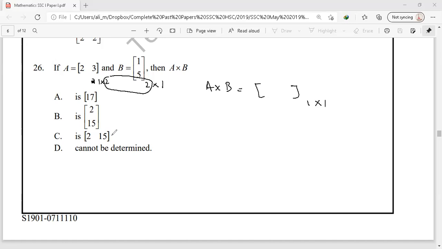In the given options, this is of order 1 by 2, this is 2 by 1, and this is 1 by 1. So without further simplification or calculation, we can take this as the correct answer, because the matrix given here is 1 by 1. So the correct option for question number 26 is option A.